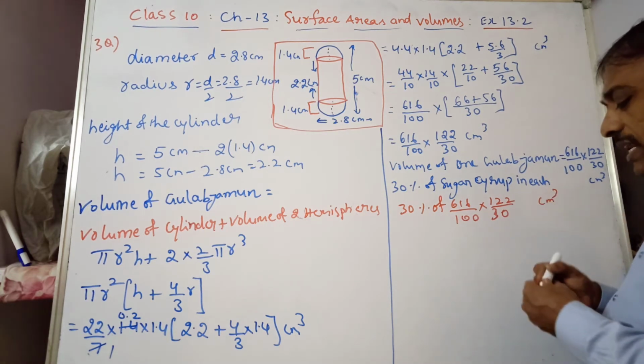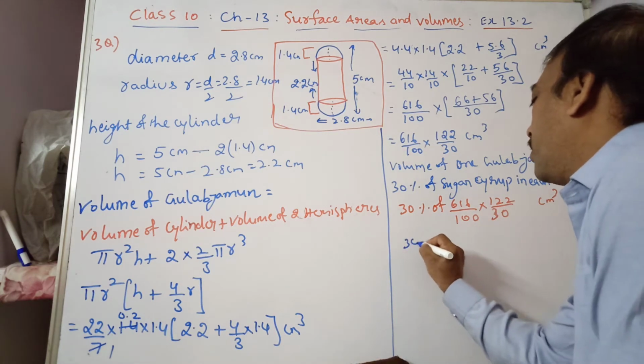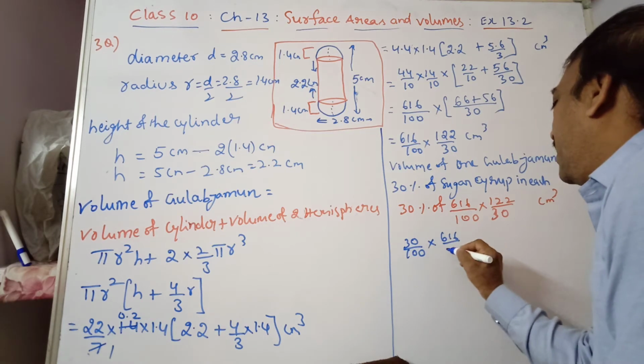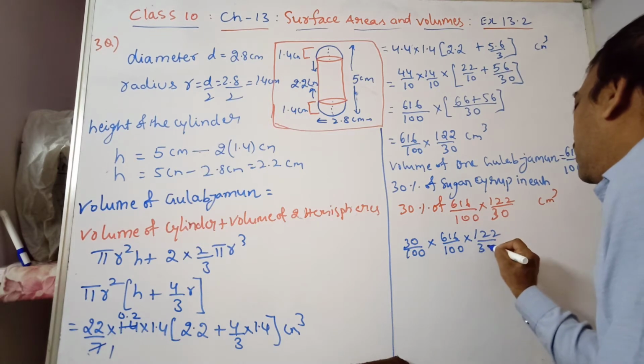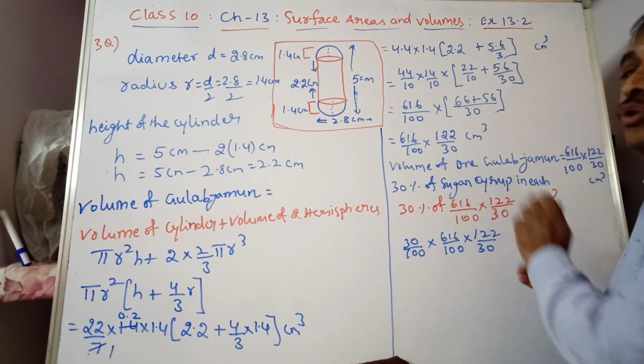So first we calculate 30%: 30 by 100 into 616 by 100 into 122 by 30. This is the sugar syrup in each gulab jamun.